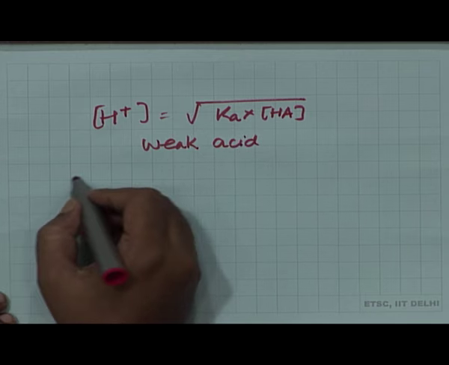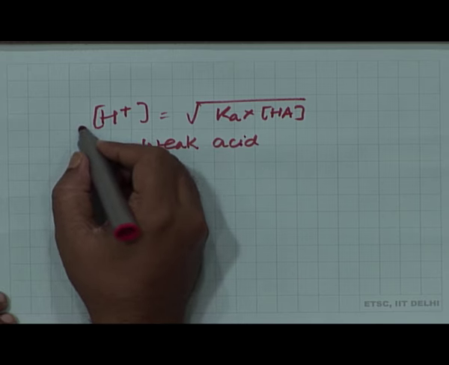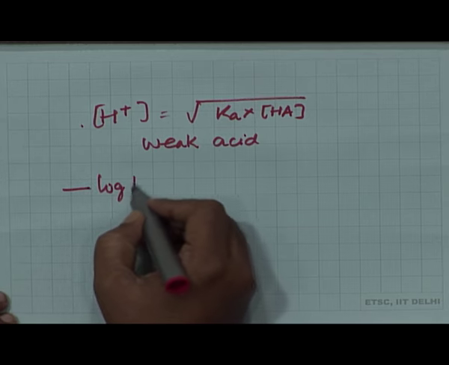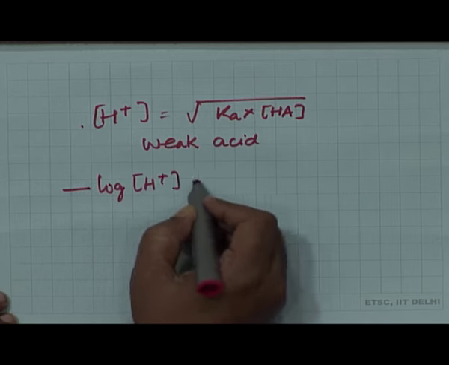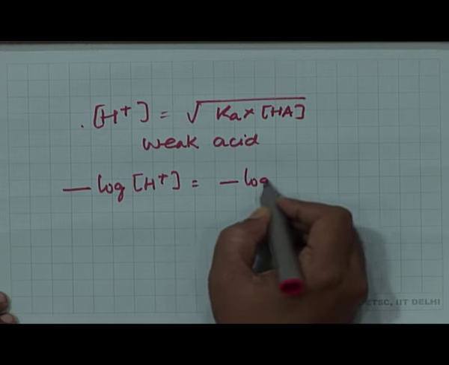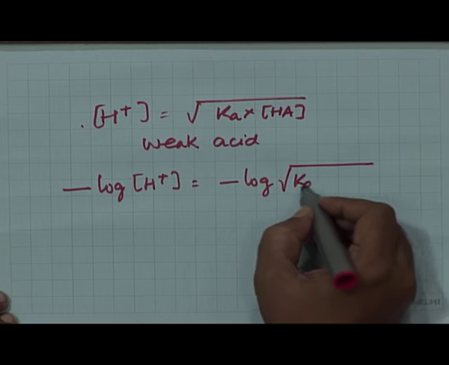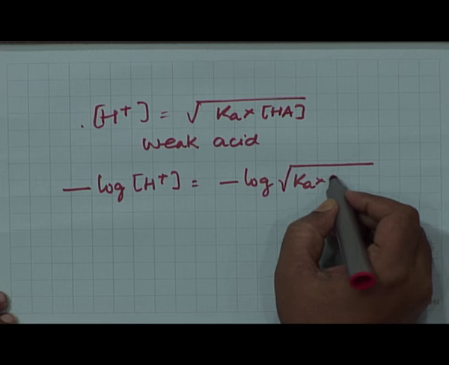If we want to calculate pH, we can simply put minus log H plus, and in place of H plus, we put the square root of Ka into HA.